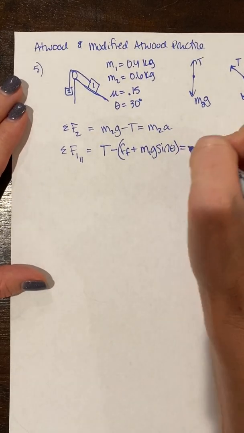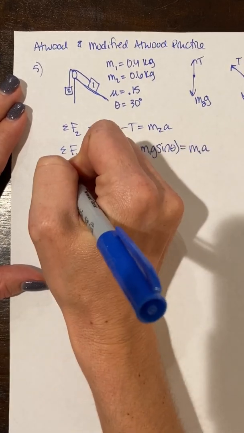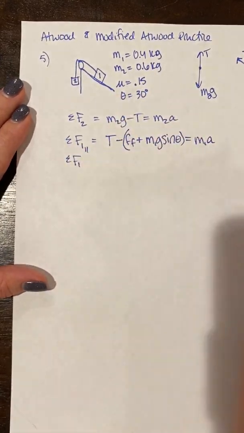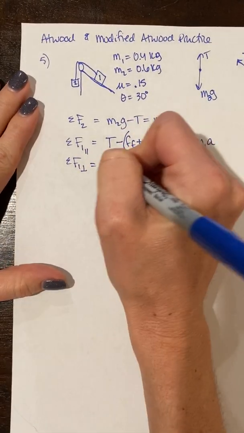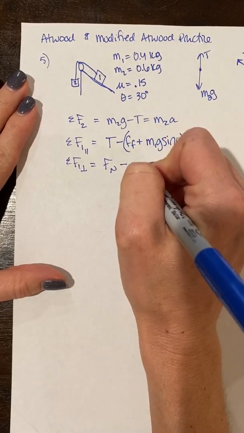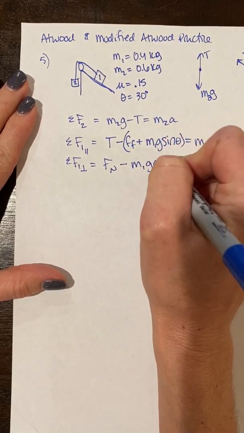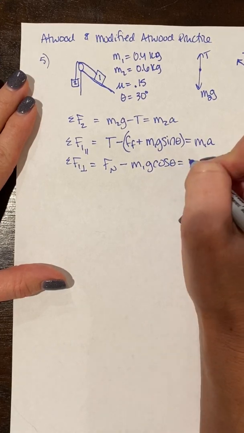And they are accelerating at m1a. The sum of my forces for block 1 that is perpendicular to the plane is my force normal minus my cosine component of mg is going to be equal to 0.